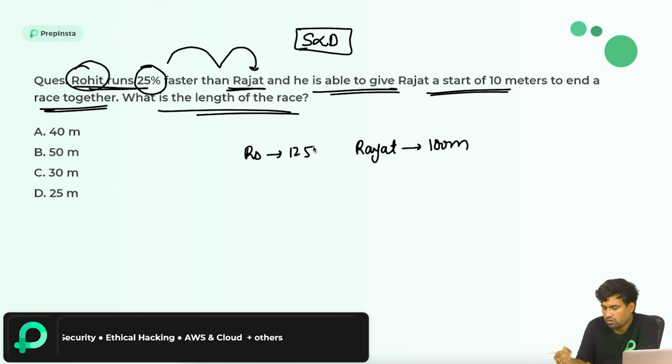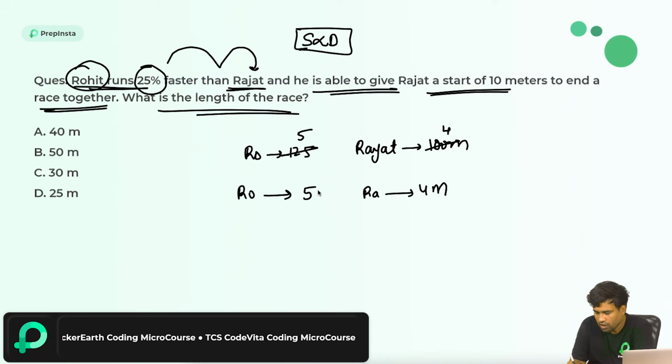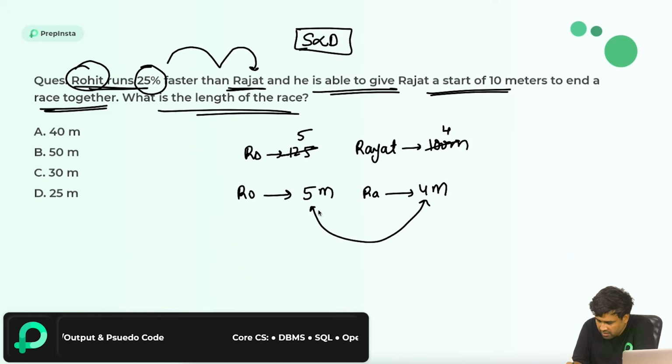So it's not about a huge difference, right? For example, 25 will cancel this 5 times, and 25 will cancel this 4 times. So if Rajat completes 4 meters, Rohit will complete 5 meters. If you observe, for the given time, the difference between their distances is 1 meter.